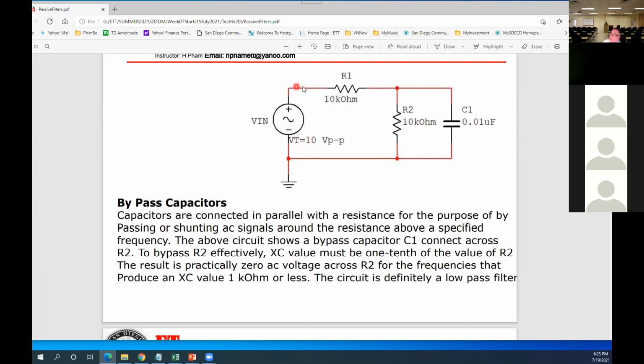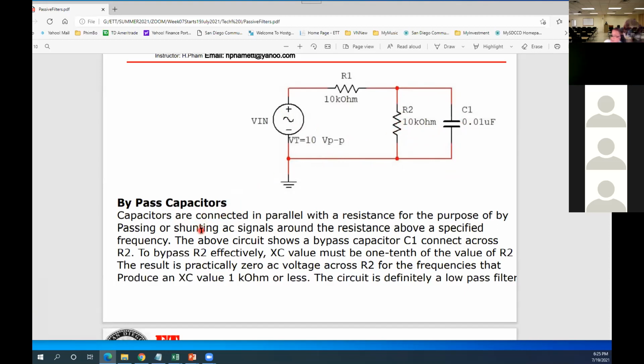If you get a sideway here coming up here, if the capacitor is bypassed, they short it to the ground. So this signal cannot go through R2. So basically, in this case, the capacitor bypasses R2.